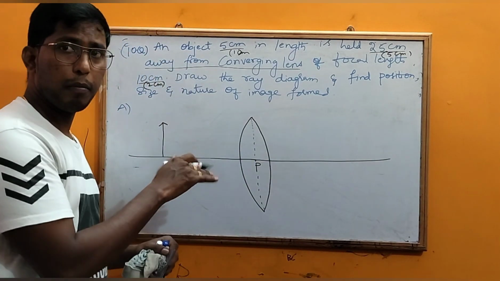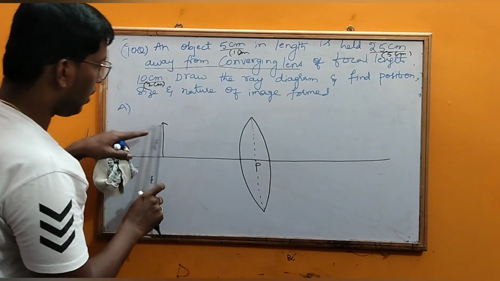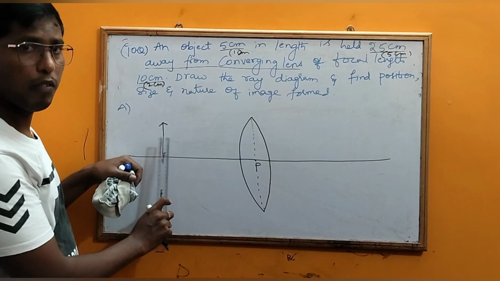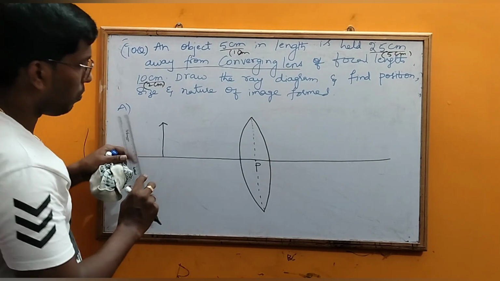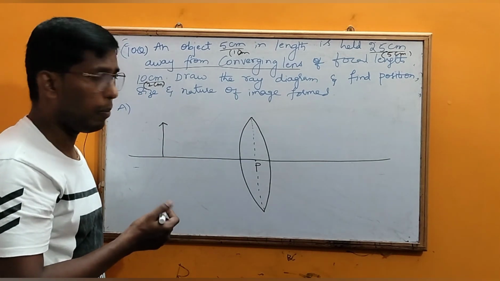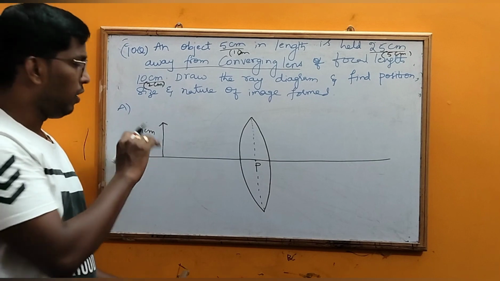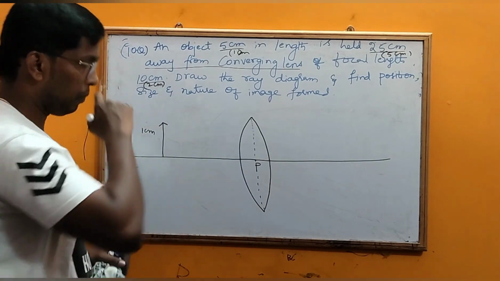But you take this measurement. Consider 5. Even the height of the object, you should draw how much? 1 centimeter. But here it is more than that, because otherwise it will not be visible. So here, the height of the object is 1 centimeter only. Same scale you draw in your book also.